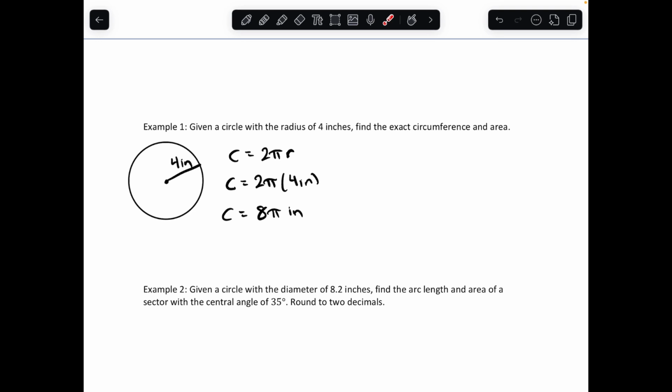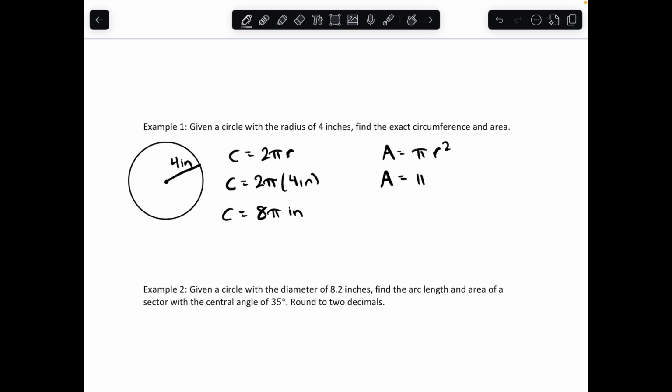Anytime we're looking for an exact number, typically we don't want to plug things into our calculator because it'll chop off some decimals. Now that we've got that covered, let's check out the second part of the question. It's saying that we want to find the area. The area of a circle is pi times r squared. Again, we have everything already, so we can just plug it in.